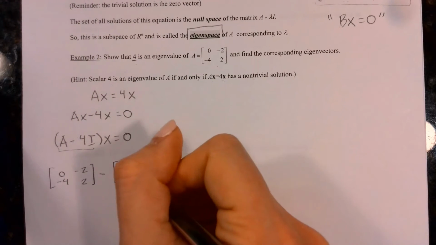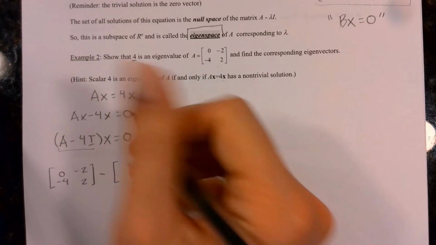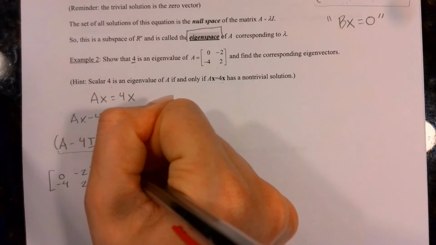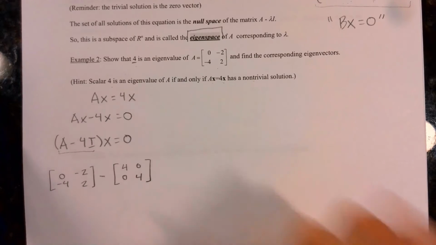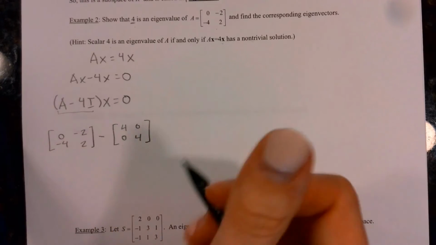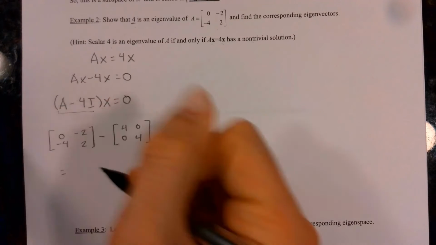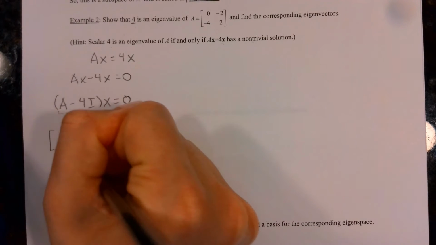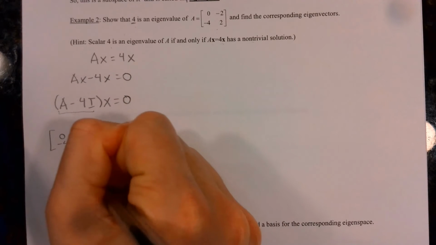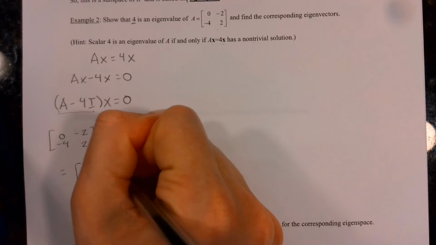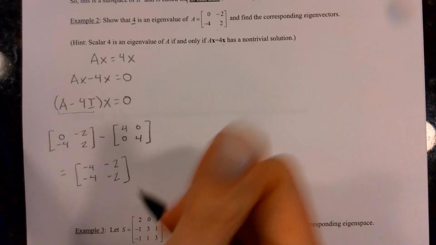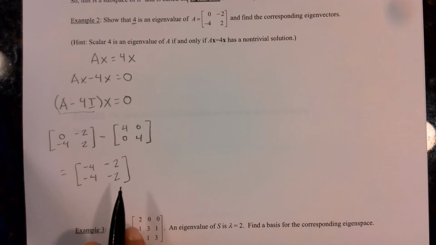Remember that the identity matrix has 1s all along the diagonal and 0s everywhere else. If I scale that by 4, I get 4s along the diagonal and 0 everywhere else. So the matrix I'm looking for is really negative 4, negative 4, negative 2, negative 2.